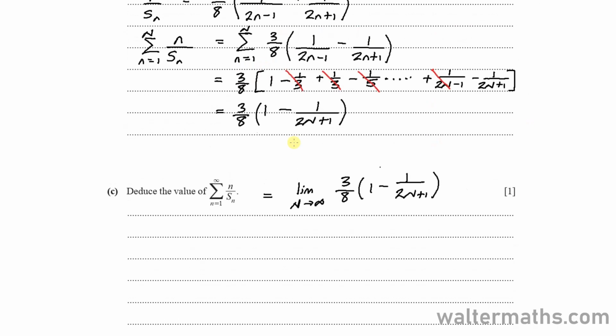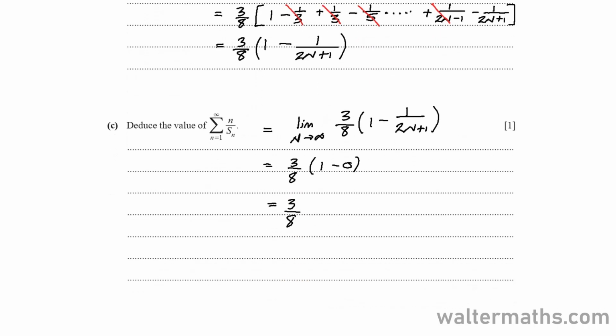That's for the summation of roots up to n. So here, as n approaches infinity, this fraction here will turn towards 0. So it's like we have 3/8 of 1 minus 0, which basically is going to give us 3/8. So that's the answer right here. And that's it for question number 3.